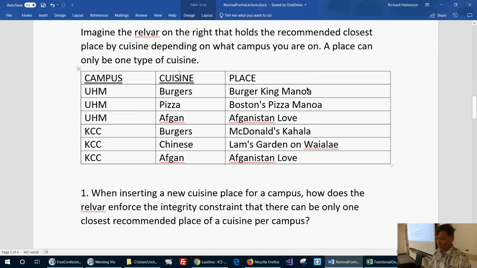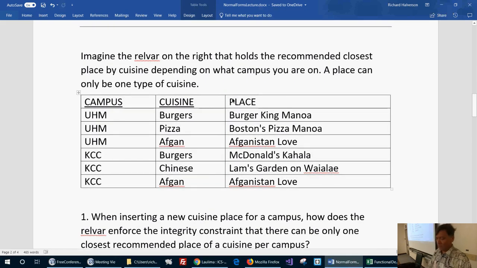And it's not in BCNF because we've got this functional relationship where the place determines the cuisine, and that's not implied by the keys. In this functional dependency, a non-key determines a partial key. So it's not in BCNF.